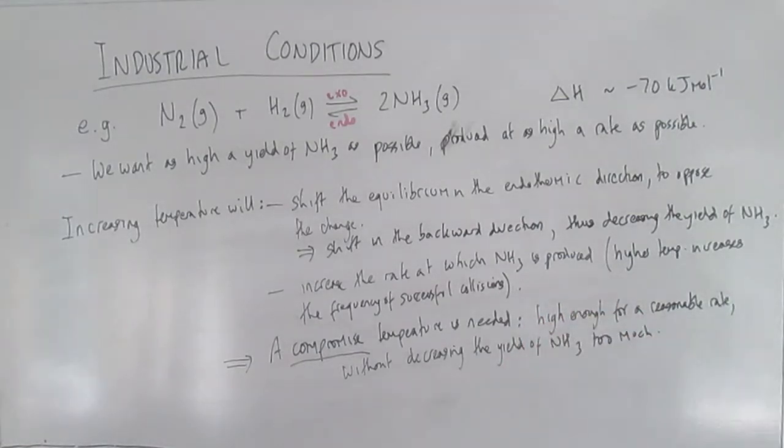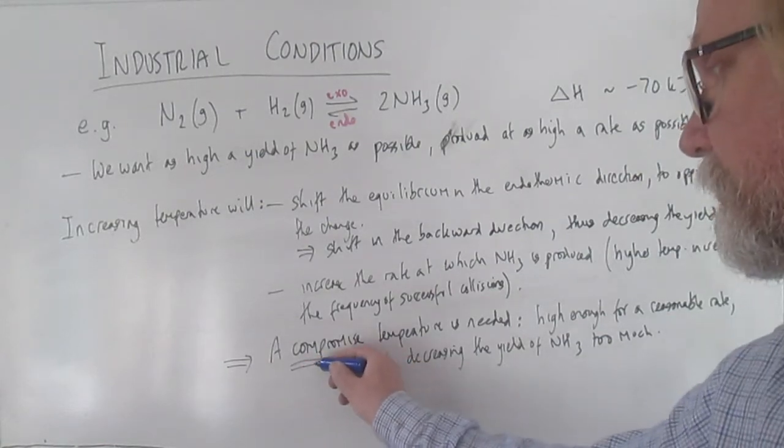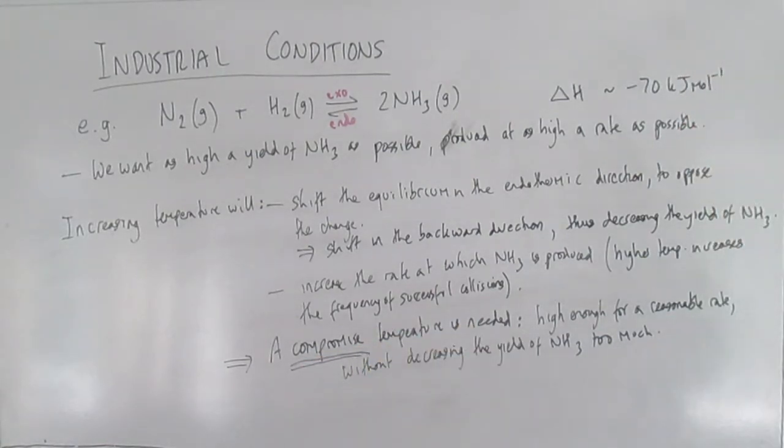Okay, so that's a really important idea, that you can't just say, oh yeah, high temperature is good or low temperature is good, because they have sort of opposing effects on these two aspects of what makes a good process. So introducing the idea of compromise when you're talking about industrial conditions is really important.